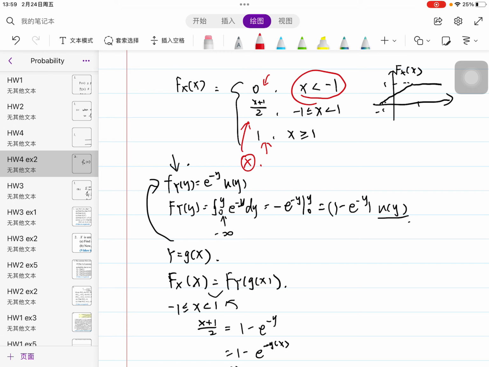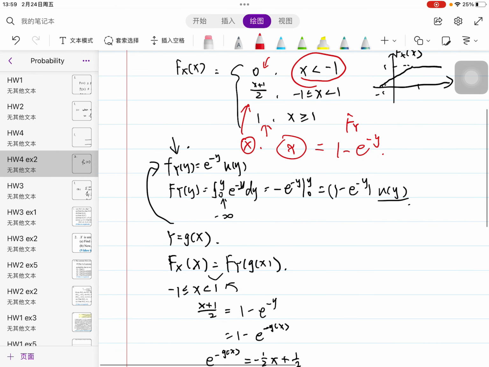So based on the expression of x equal to the distribution function of y here, we could solve the expression of g(x). Otherwise, since y equals g(x) here, right?